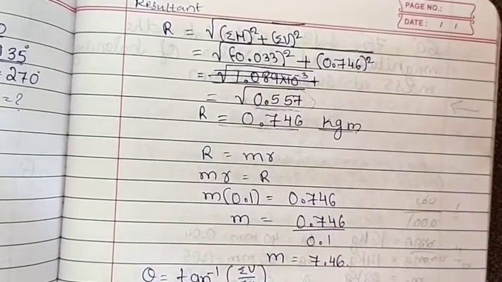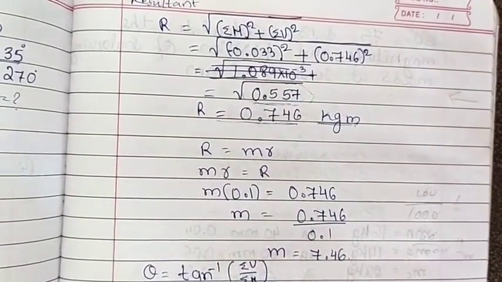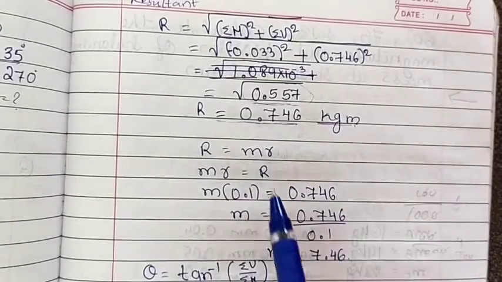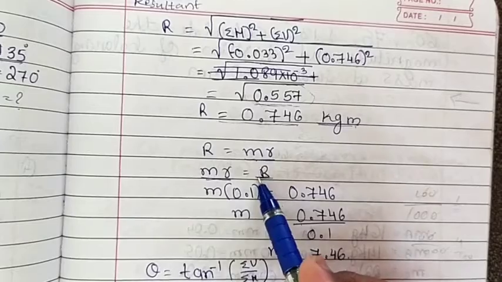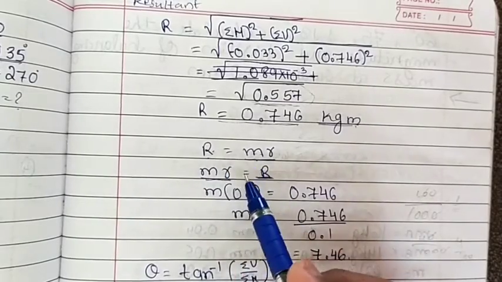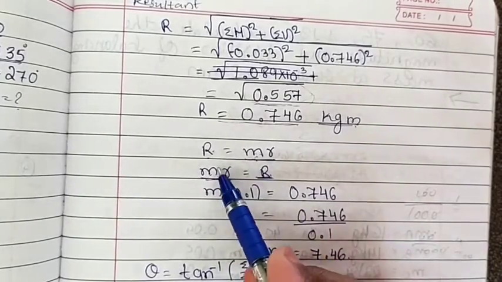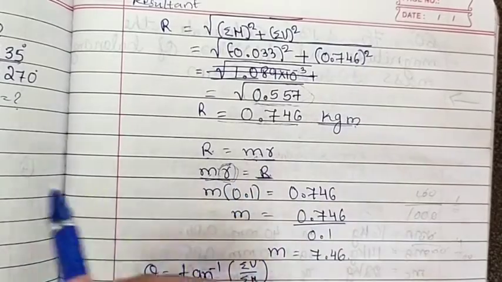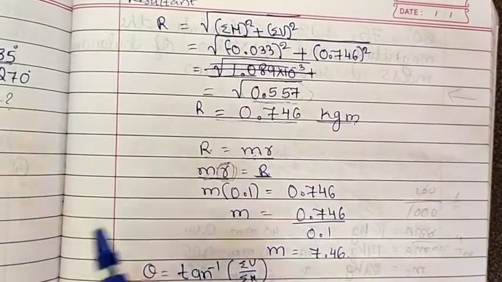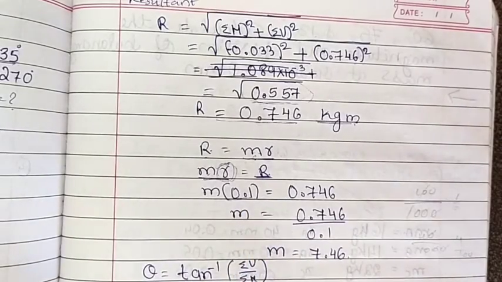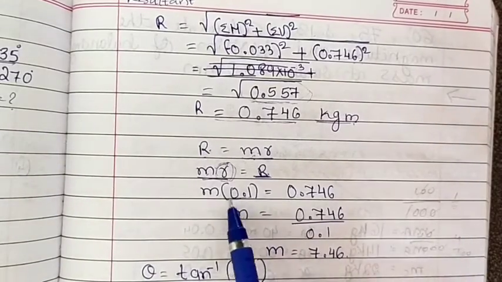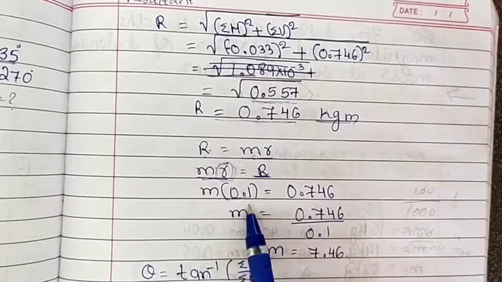What is R? R is also a force, a resultant force, which is given by M into R. I have just reversed it: M into R is equal to R. So what is the R value? The radius is given as 100 millimeter. When you divide 100 by 1000, you get the radius as 0.1.